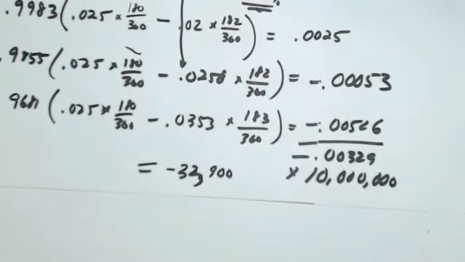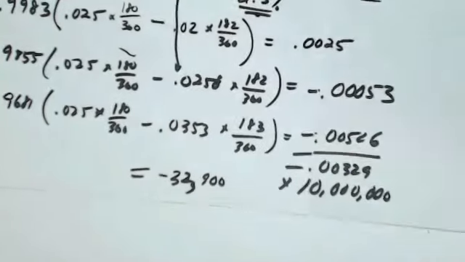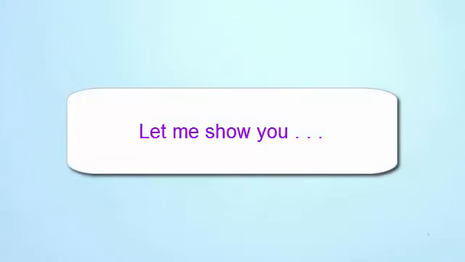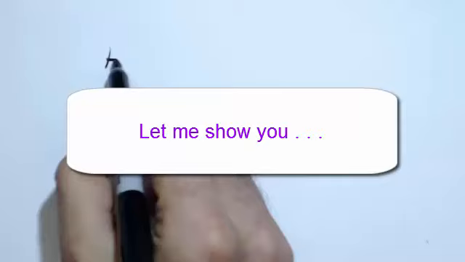Now, another thing, so that's basically a swap. You should also realize that you can value the swap as the sum of a fixed and a floating. Just draw a timeline here.